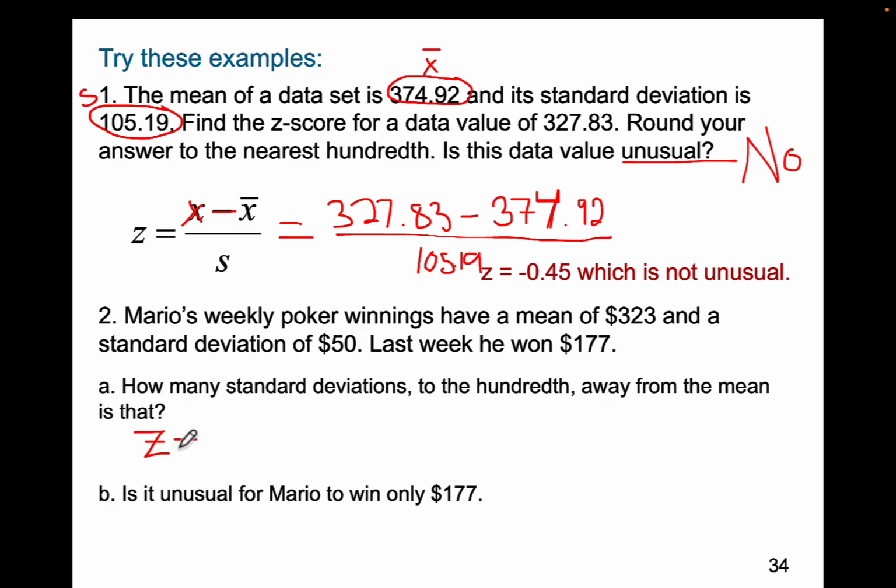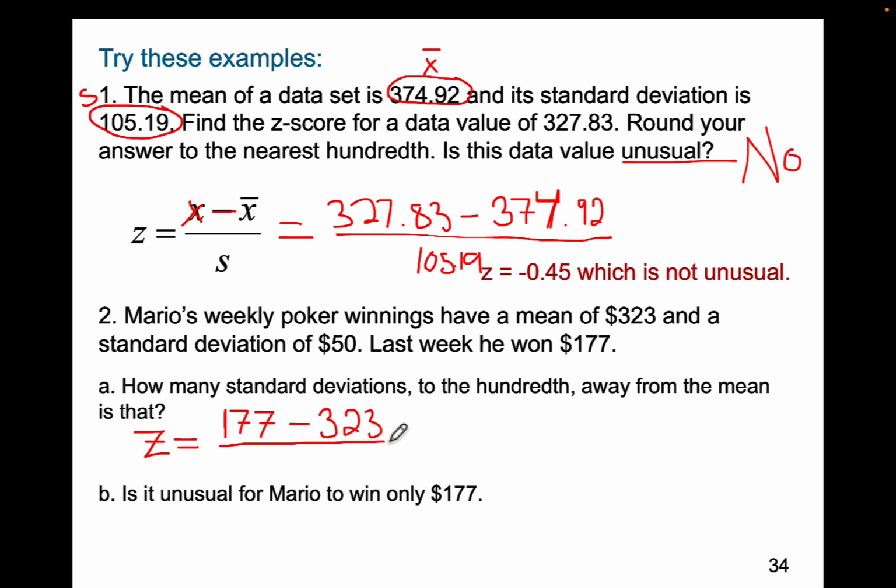So we type in the data value, $177, then hit minus, and type in the mean, $323, hit enter.